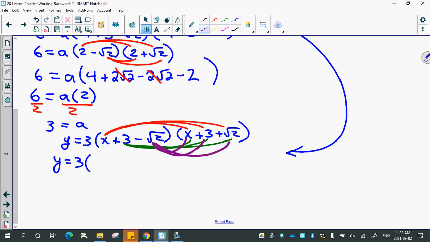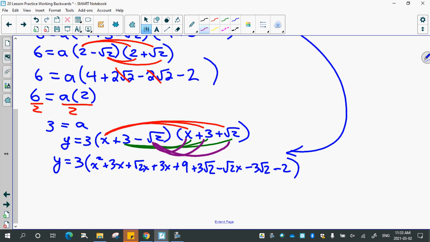Okay, we're going to try this. X squared, plus 3x, plus root 2x, plus 3x, plus 9, plus 3 root 2. Minus root 2x, minus 3 root 2, minus 2. Very good.